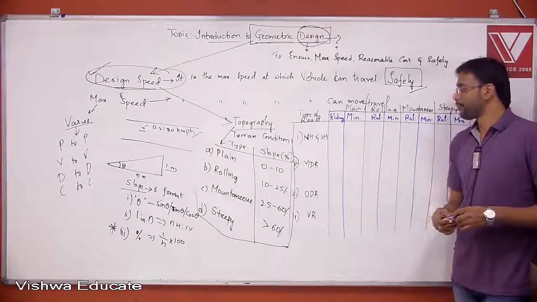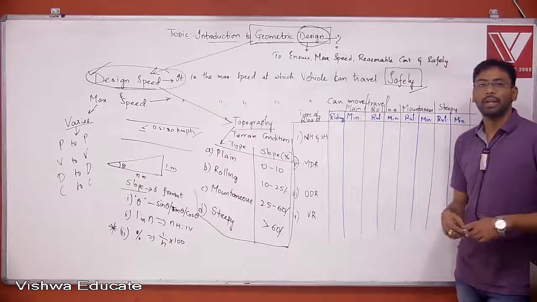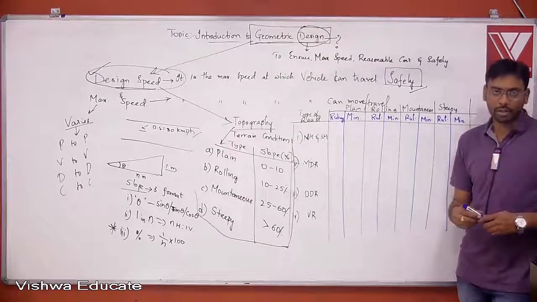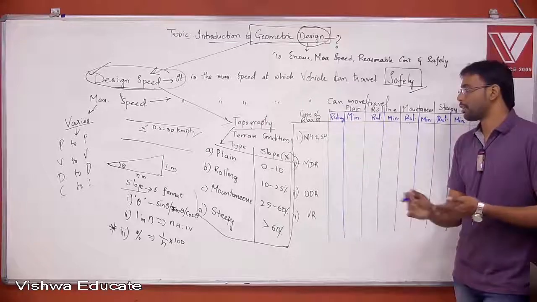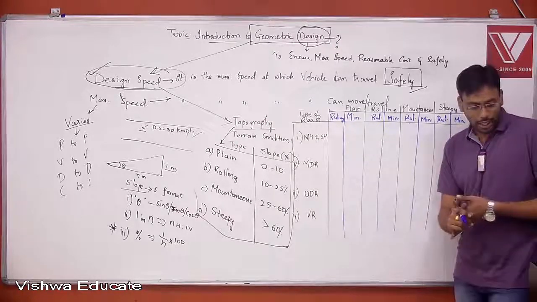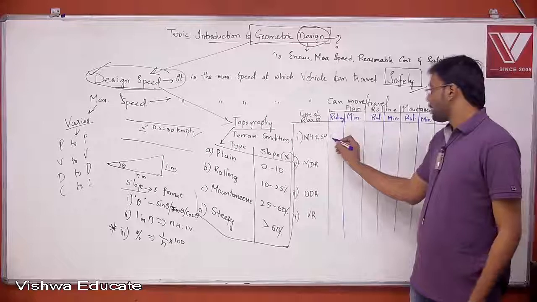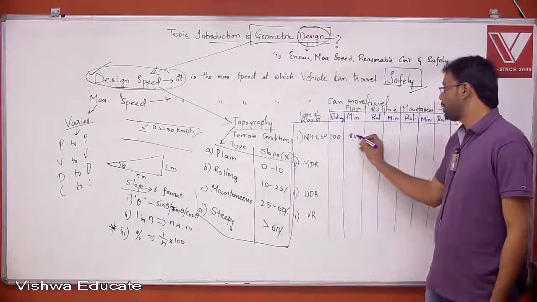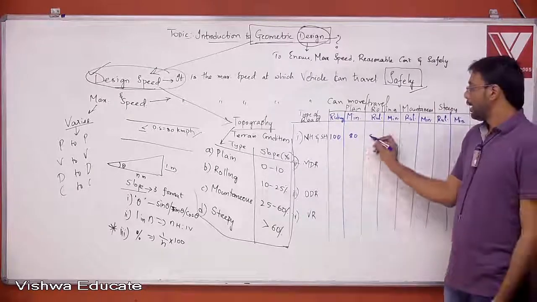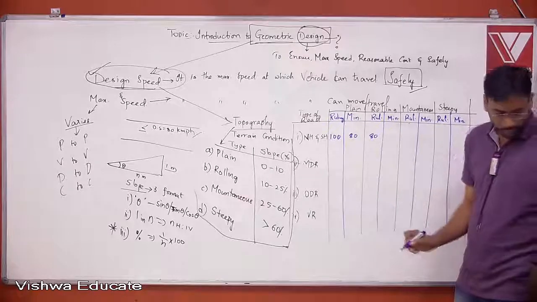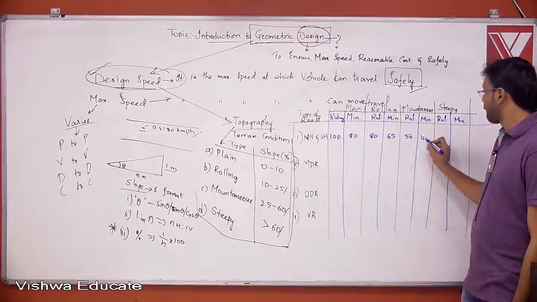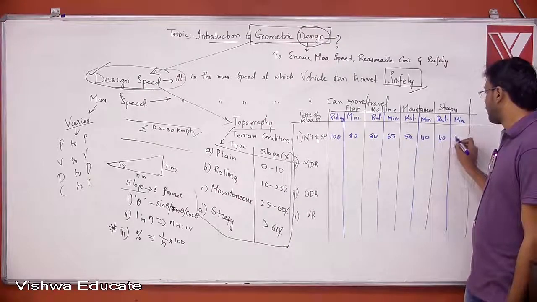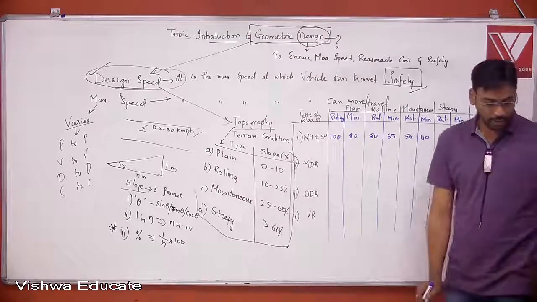Right? So now I'll be writing those numbers as per the table given in the IRC codebook. So here it is 100, 80, 80 and 65, 50 and 40, and 40 and 30, right?